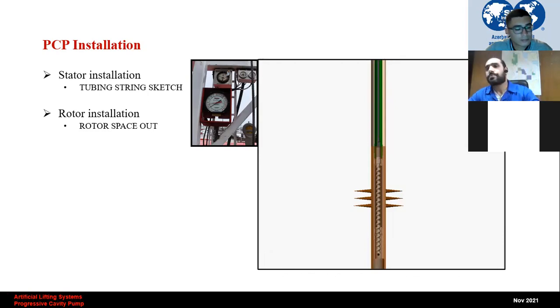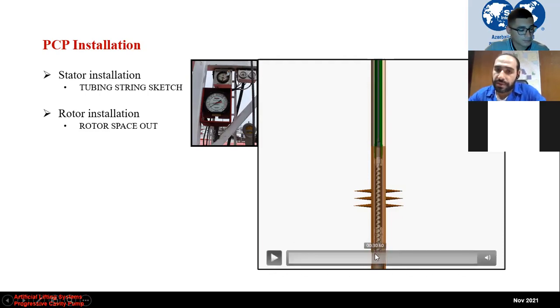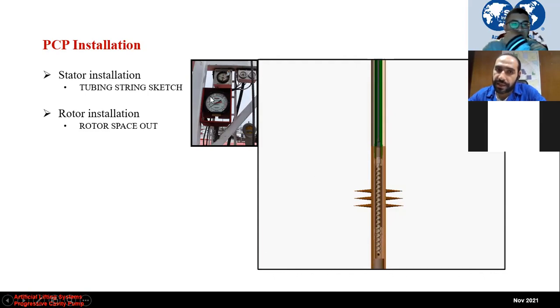This distance is predefined for each brand and model. Let's say, for example, brand X has 100 pumps in the market. Each pump will have a certain distance. So now the rotor is resting on the tag bar. We'll pick the rotor up by 2 values: the first is the sucker rod slack weight and the second is the predefined value.